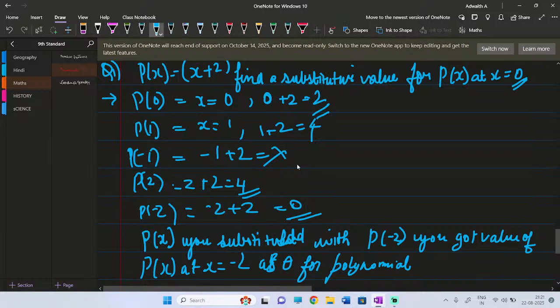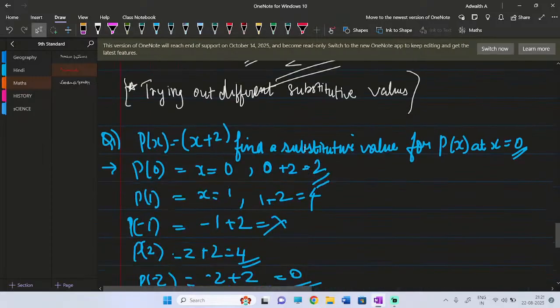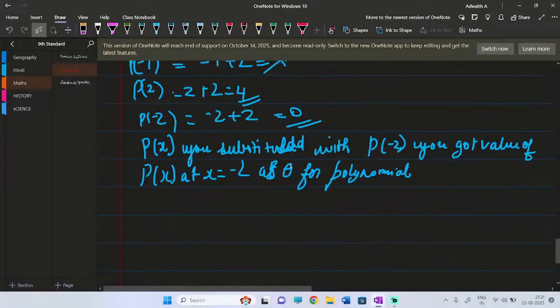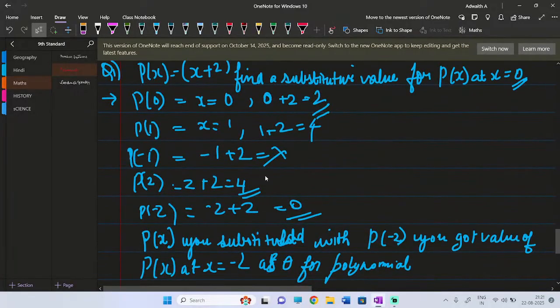When I substituted a value at P of x, there is something called the zero polynomial and zeros of a polynomial. What you are learning is zeros of a polynomial. Understand the difference. If P of 2 is not 0, you got 2.